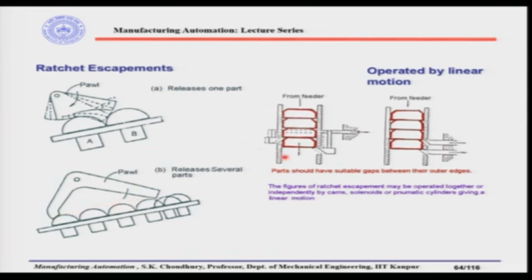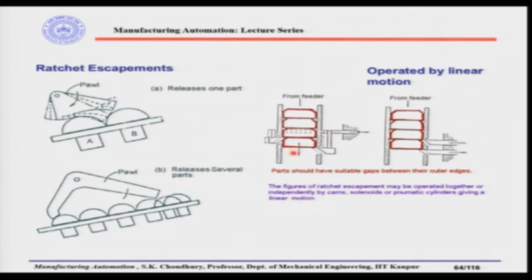Look at this design, for example. This is operated by linear motion. These are the parts which are coming from the feeder, and going to the assembly machine. Now, here there is a lever, and as you can see, if it is pulled to the right, then this lever will go in and this lever will go to the left side.